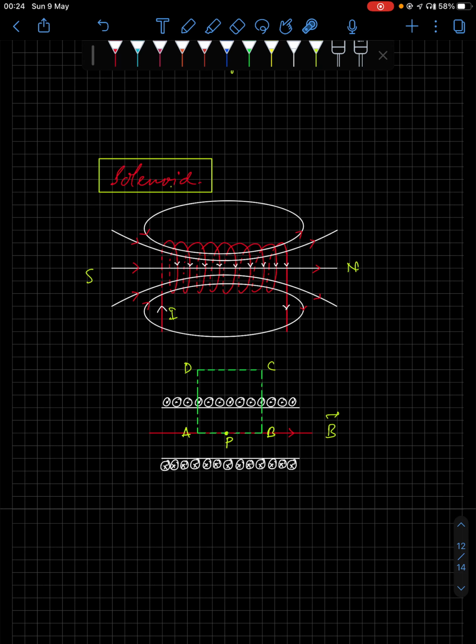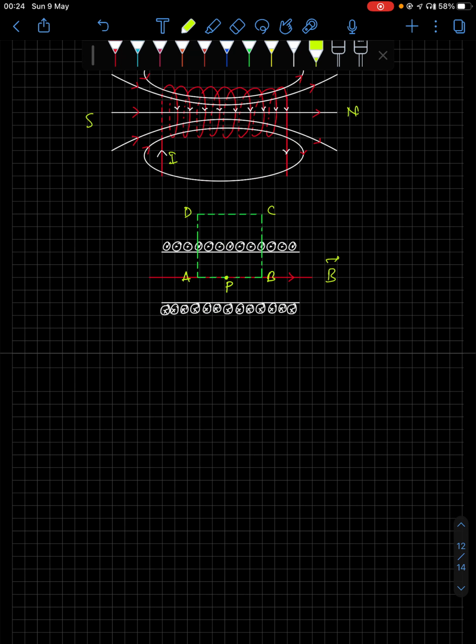So now that you understand how the current is entering and leaving the solenoid, and also the polarity of the magnetic field generated, now we'll straightaway go into the relation. I'm avoiding the derivation here. All the things are worked out in the PDF. So the magnetic field due to this solenoid is given by mu naught N I. Okay, so mu naught value is 4 pi into 10 to the power minus 7 newton per ampere square.